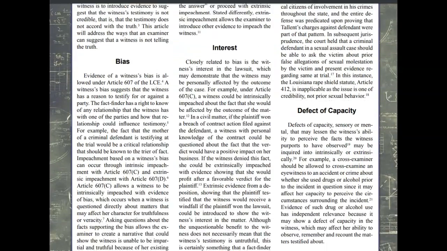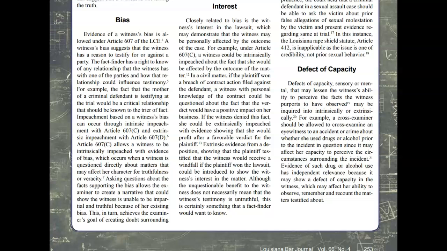Defective capacity is basically anything that would suggest that the witness may not be accurate because of the inability to perceive something through his or her senses. An accident witness, an eyewitness to an accident, may have been on drugs or alcohol prior to the viewing of the accident.